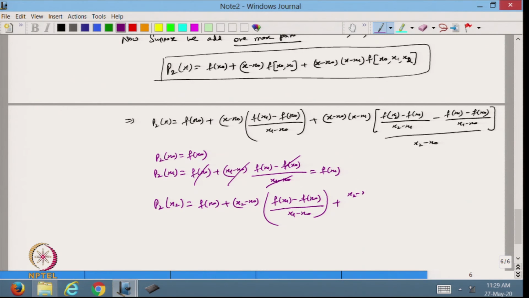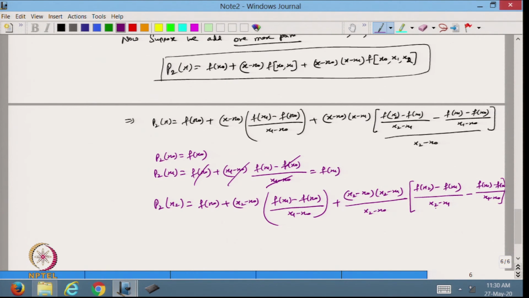So, this will be (x2 minus x0)(x2 minus x1), and divided by, here I am taking this x2 minus x0, and then it will be f of x2 minus f of x1 divided by x2 minus x1, minus f of x1 minus f of x0 divided by x1 minus x0.